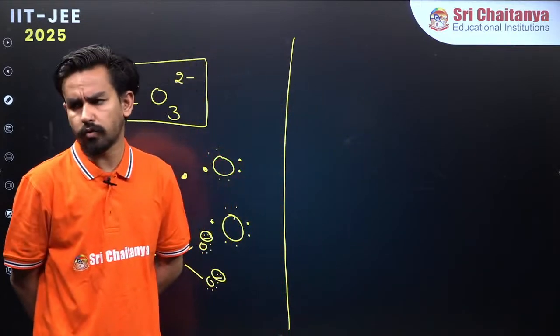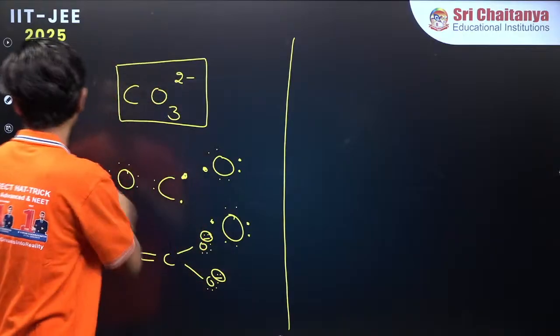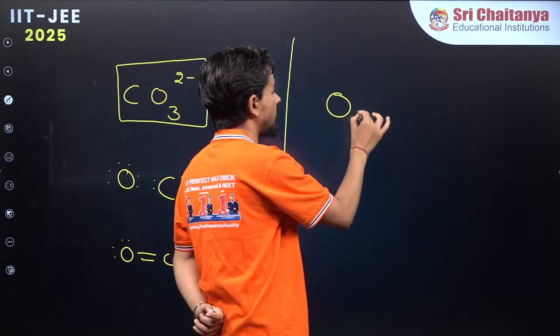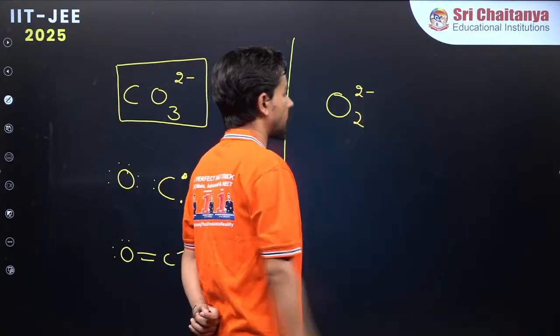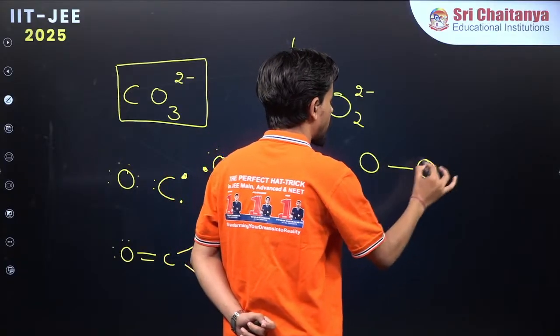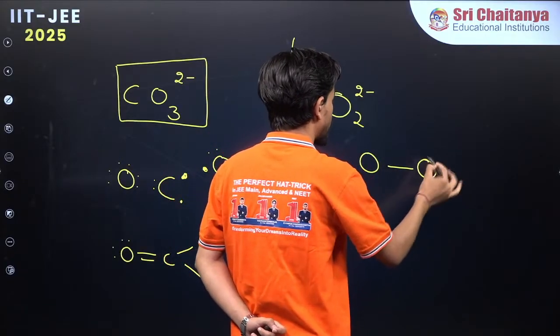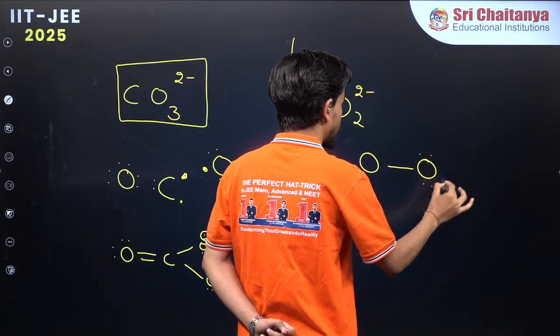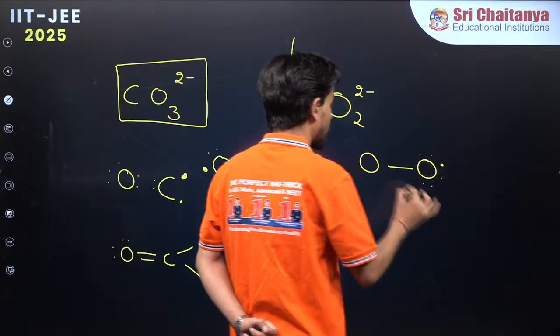Peroxide is also O2 minus, and peroxide is easier. O2 minus means oxygen, oxygen, one bond, and both of them will have one negative. That means one electron extra, 1, 2, 3, 4, 5, and one electron of negative.